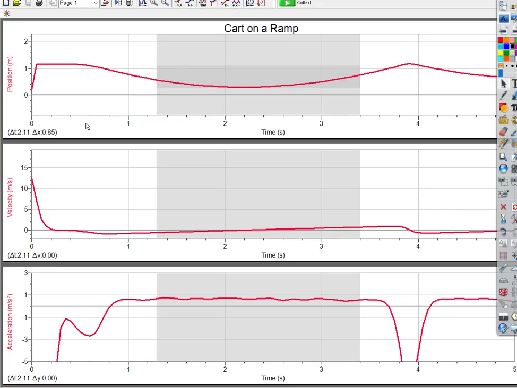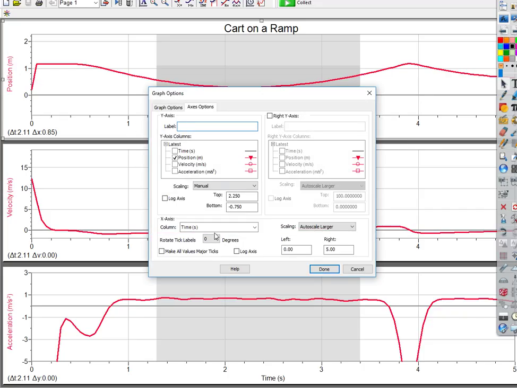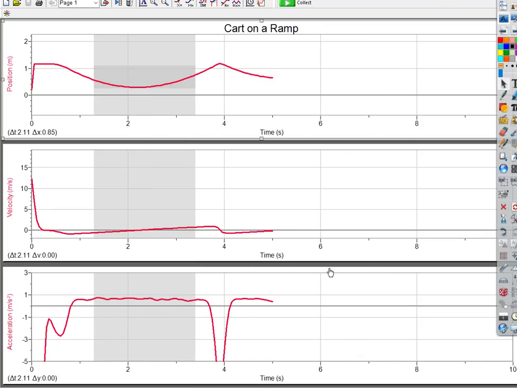All right, so we need to fix... Let's let the x-axis go from 0 to 10 instead of 0 to 5. Okay, everybody see what I did? And we're going to do this again. Lab groups, come on up. Everybody save that one and then go to new experiment. Or actually, just save that one and close it.